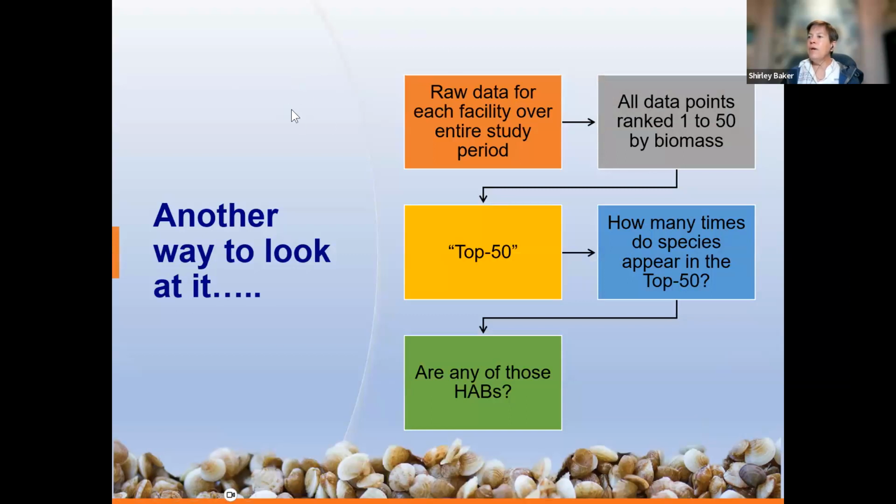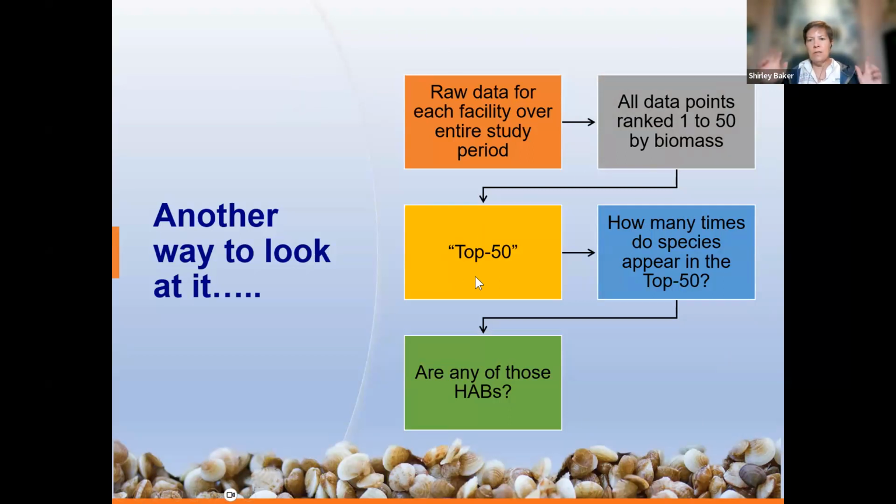Another way that Dr. Flips looks at this data is that he takes all of the raw data for a particular facility over the entire 2-year study period, and looks at the biomass of every species on every date that he examined. And he ranks the biomass 1 to 50.